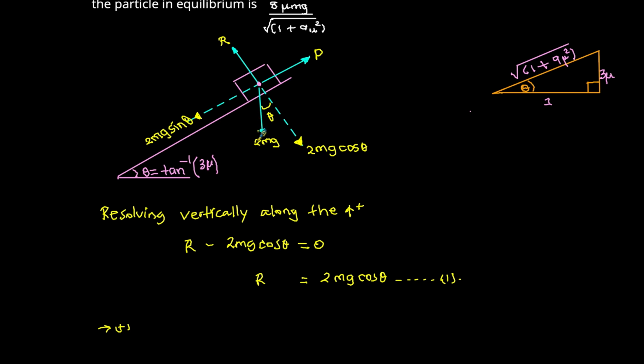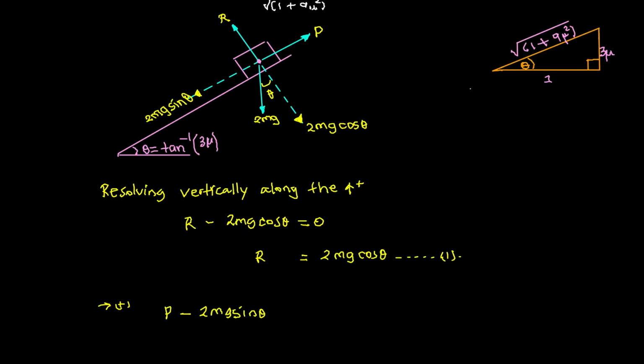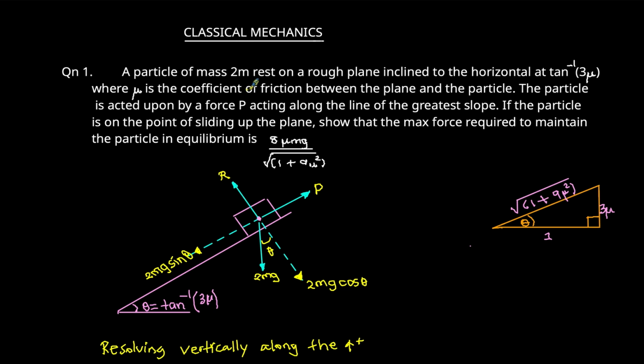So we will have P minus 2 mg sine of theta, and we have been told that friction is acting, so we have some force F acting in this direction.